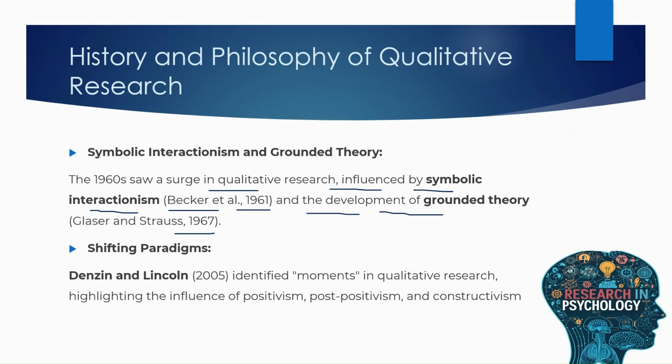The emergence of symbolic interactionism and grounded theory significantly shaped this field of qualitative research. Then the paradigm started to shift, which is in around 2005, Denzin and Lincoln identified moments in qualitative research highlighting the influence of positivism, post-positivism, and constructivism. All right.